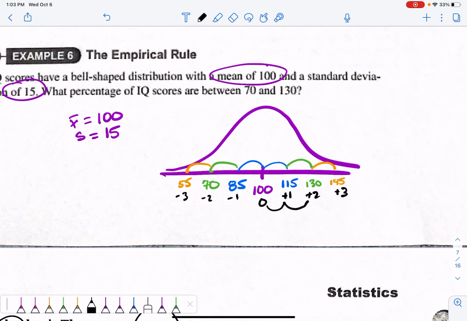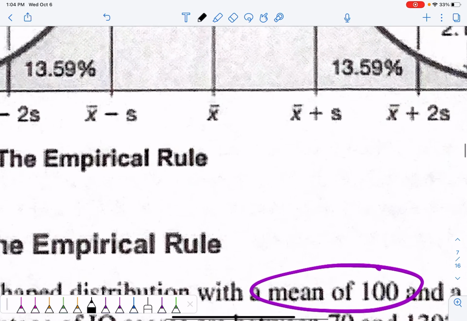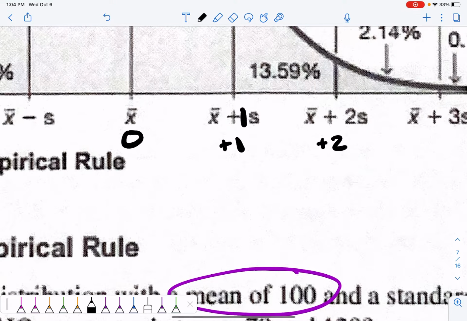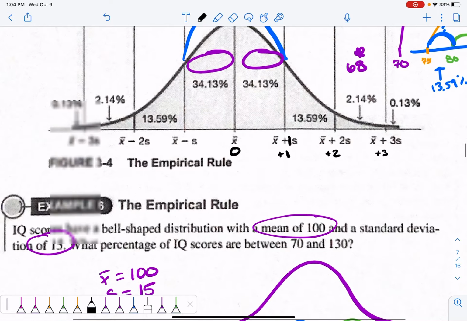And that's kind of what this table says up here. So X bar is like your middle, your 0 on a number line. Then you're adding 1 standard deviation, that's +1. You're adding 2 standard deviations, that's +2. Adding 3 is +3, and then the same on the other side, -1, -2, -3, okay?